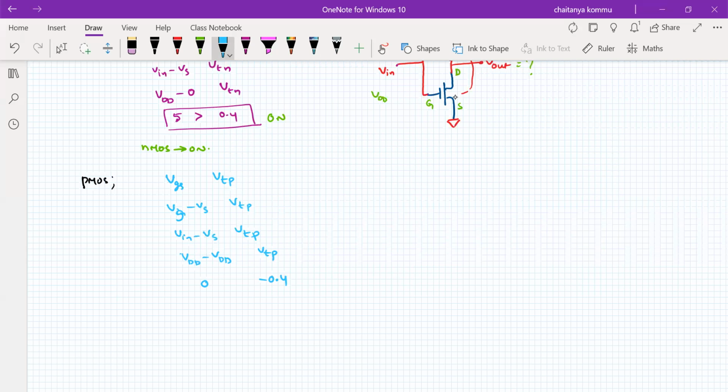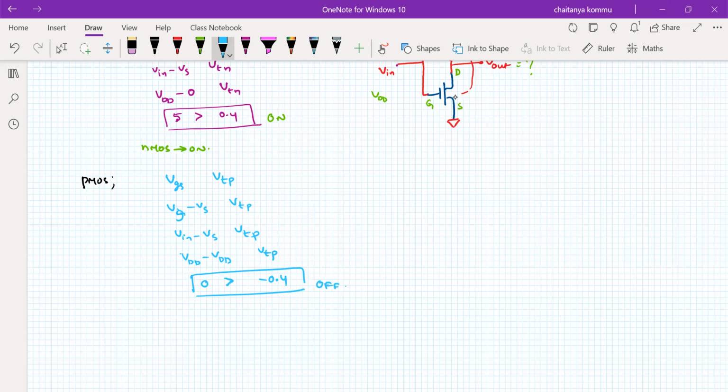Which one is greater? What is the relationship between these two? Less than or greater? It is a greater relationship, right? 0 is more than minus 0.4. So what we can observe is that the transistor becomes an off transistor.